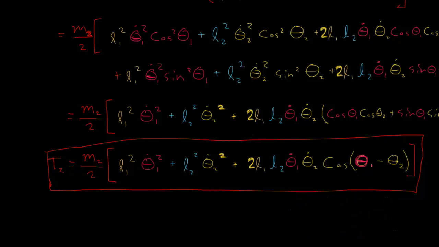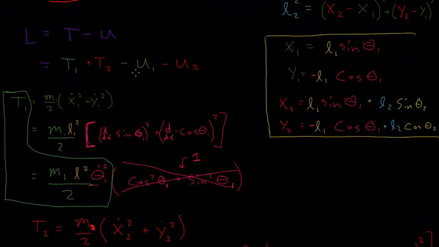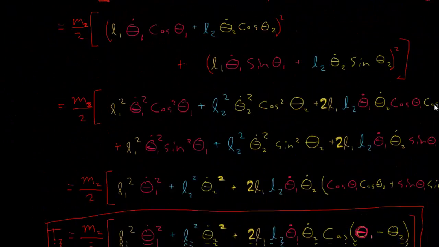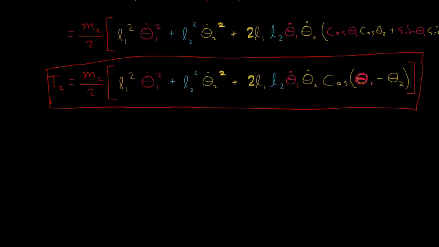So now let's look at U1 here. I guess I'll just keep going down. U1 should equal M1 times g times y1. It's just mgh.